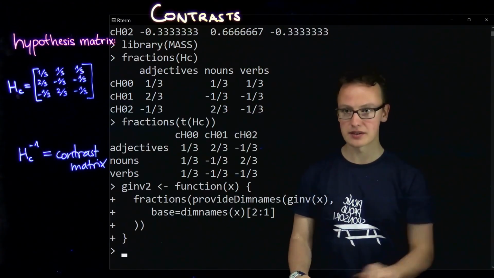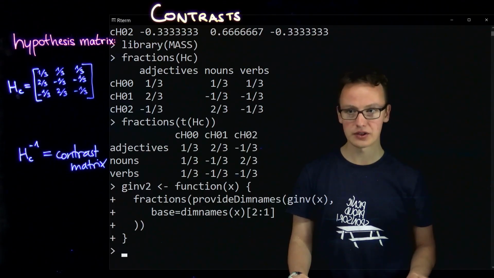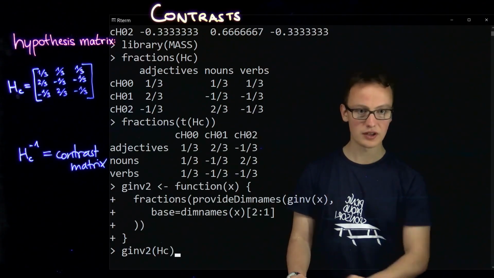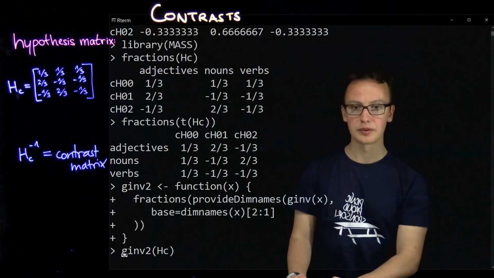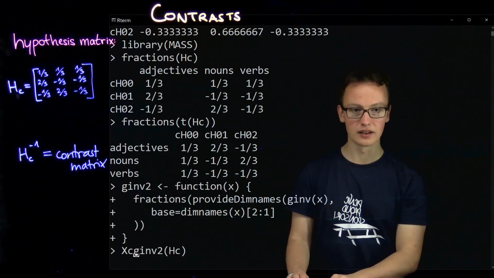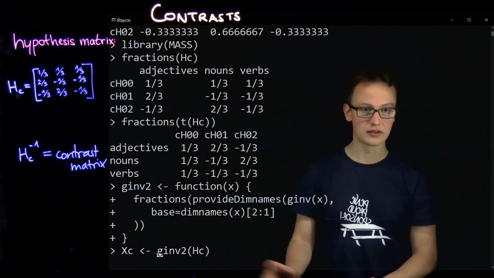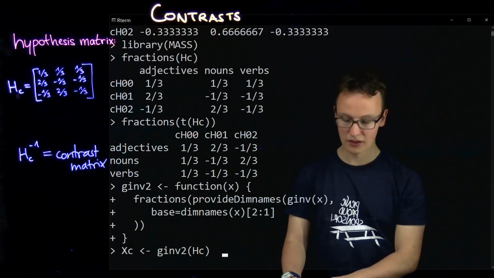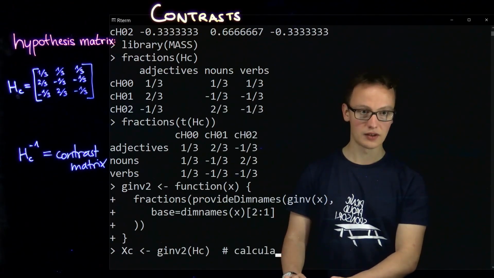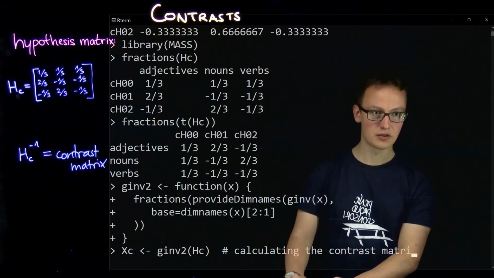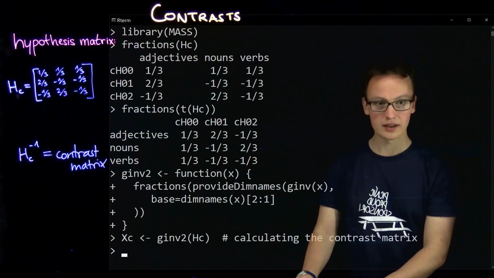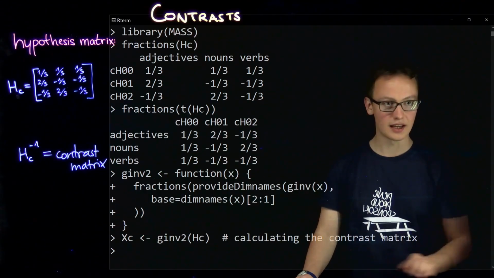So let's apply this ginv2 function to our hypothesis matrix, and we will save the result in a new matrix called xc, which will be our contrast matrix. So this is basically calculating the contrast matrix, okay? Let's do that and see what our xc looks like.